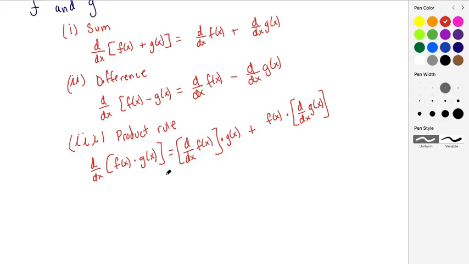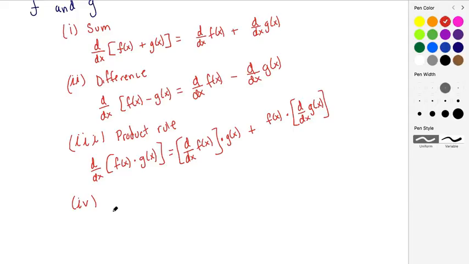A very useful thing to remember when you're looking at the product of two functions is: you take the derivative of the first times the second, and then you add the derivative of the second times the first. That's a very important rule, and this is referred to as the Leibniz rule.